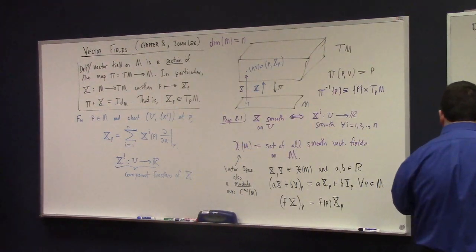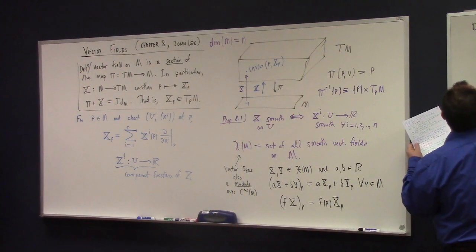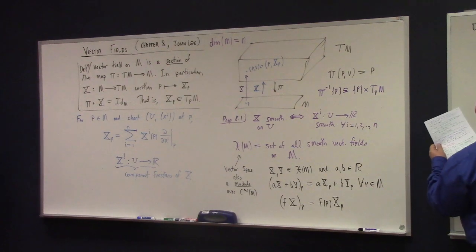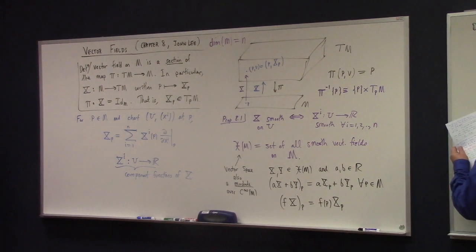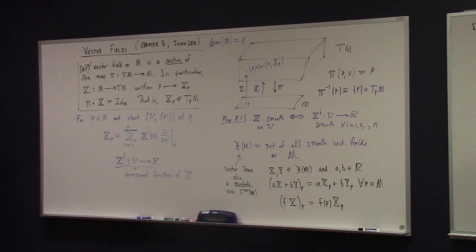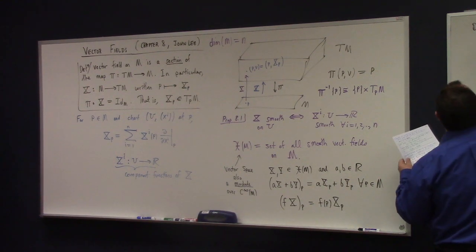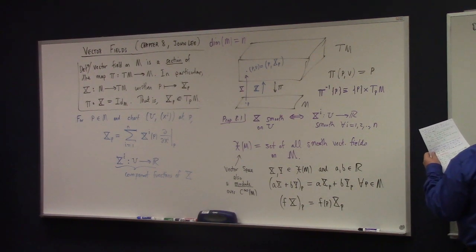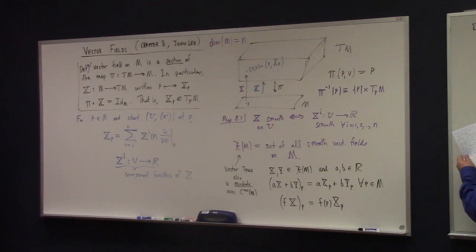Anyway, now that we've got that definition, if you have X1 through Xk, a k-tuple of vector fields on some subset A, let's say, of a manifold M, then this k-tuple is linearly independent if you look at that k-tuple at any point, right?